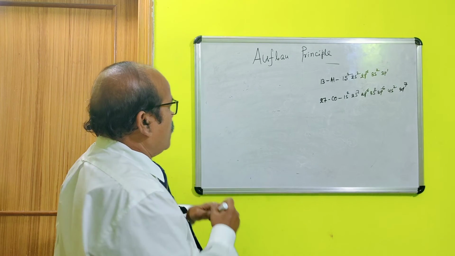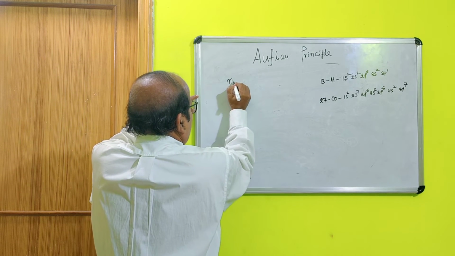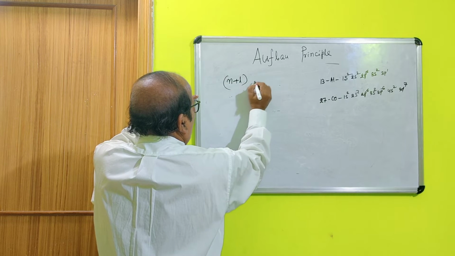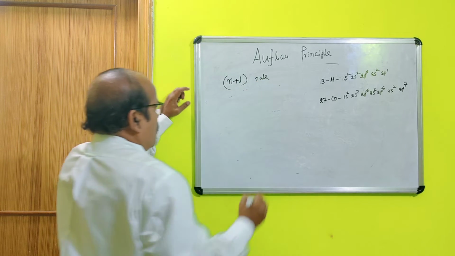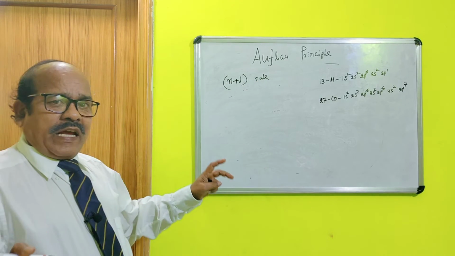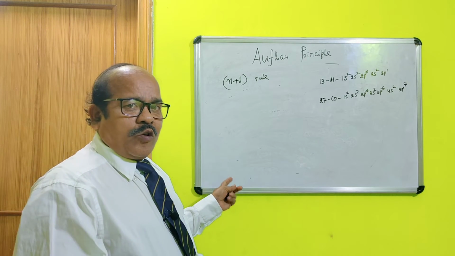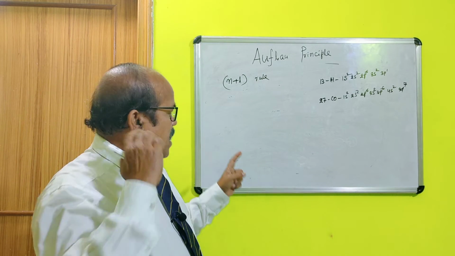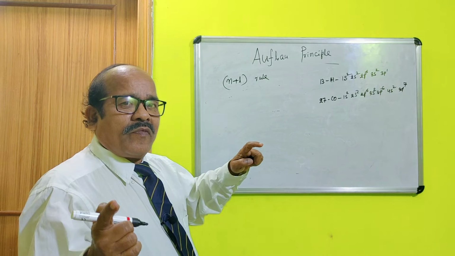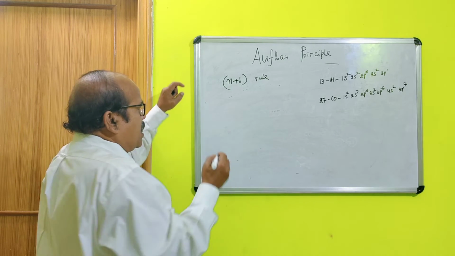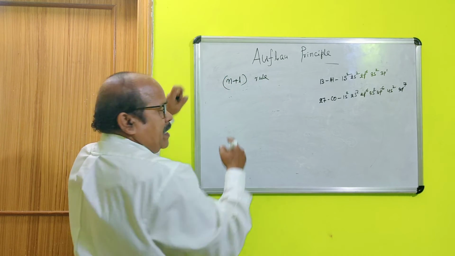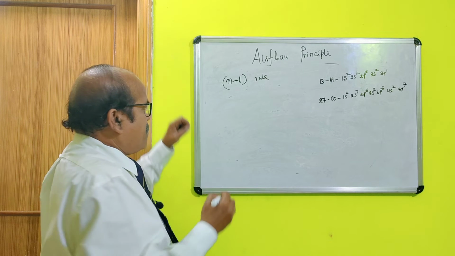We call it N plus L rule. Where the value of N plus L is less, electrons will go there first, then to higher, then to higher. N is the principal quantum number, L is the azimuthal quantum number.